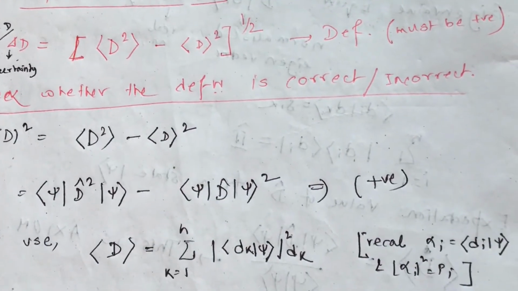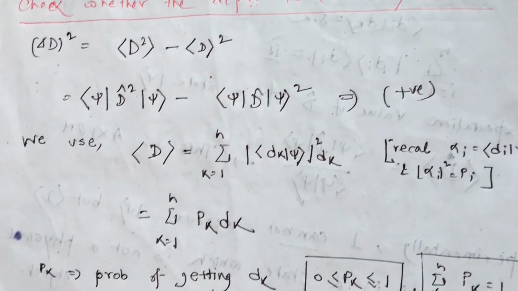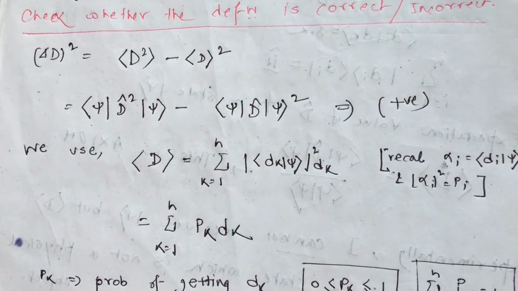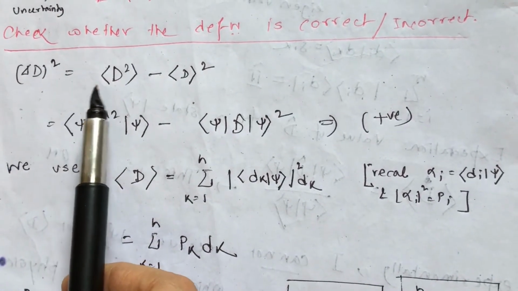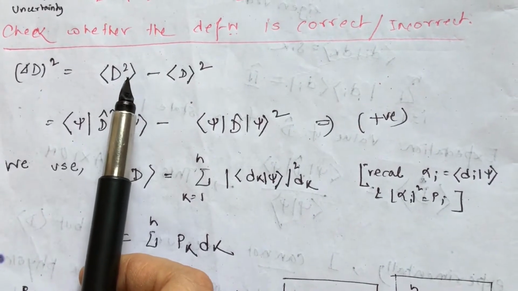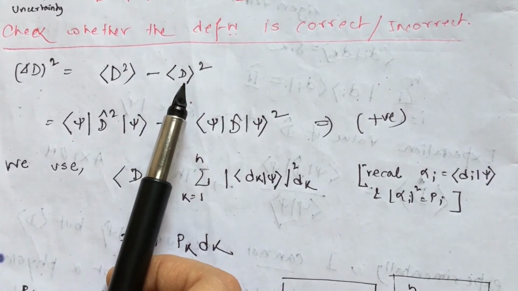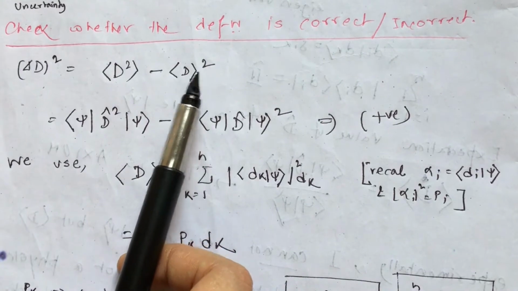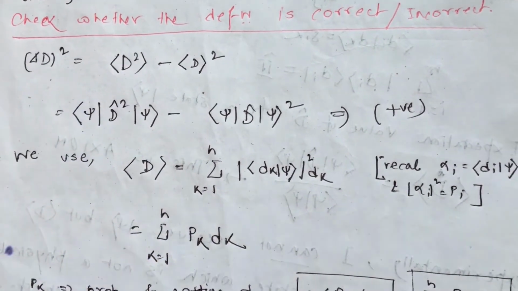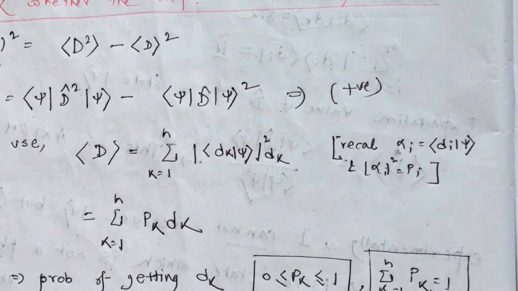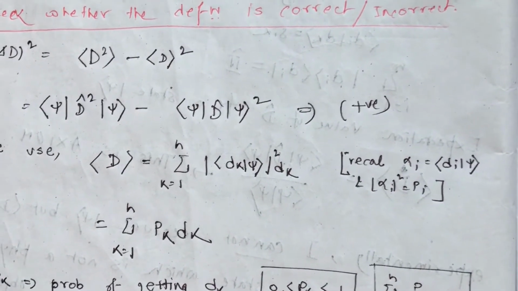This is a definition, and this must be positive, but first let's check whether the definition itself is correct or not. So my definition is delta D square equals the expectation value of D square minus the square of the expectation value of D. Now as this is a square, the left hand side must be positive. So the right hand side is obviously positive, but let's check it out.